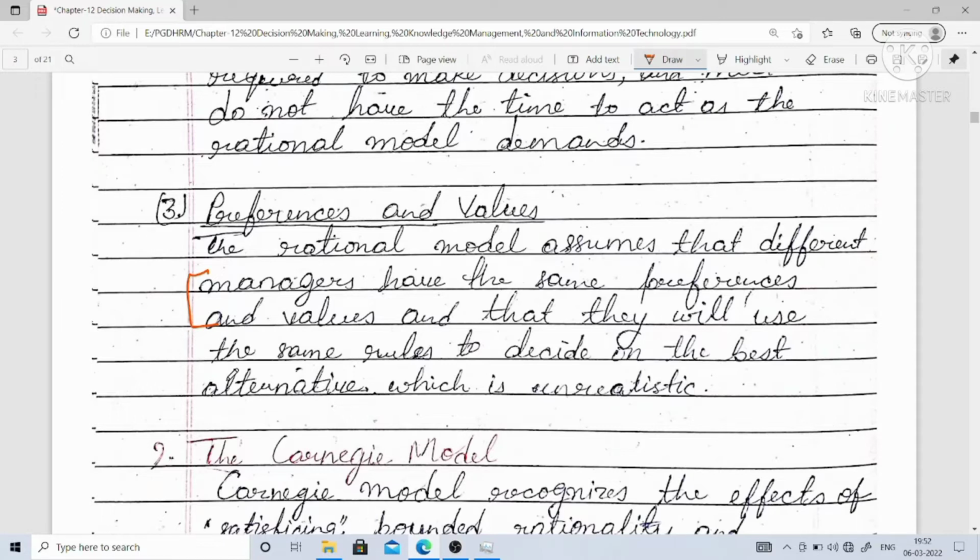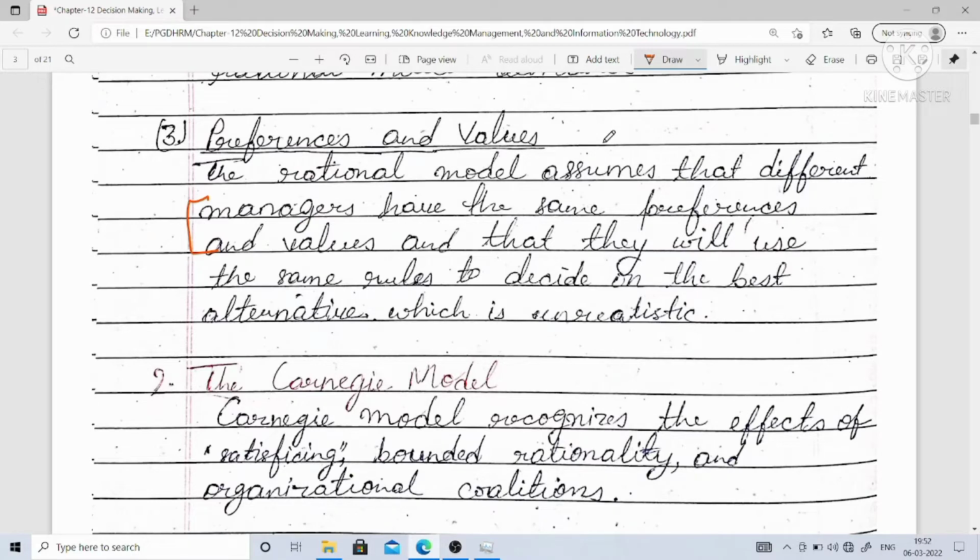All managers do not have the same preferences and values; they differ on preferences and values. So that's why this is not realistic.